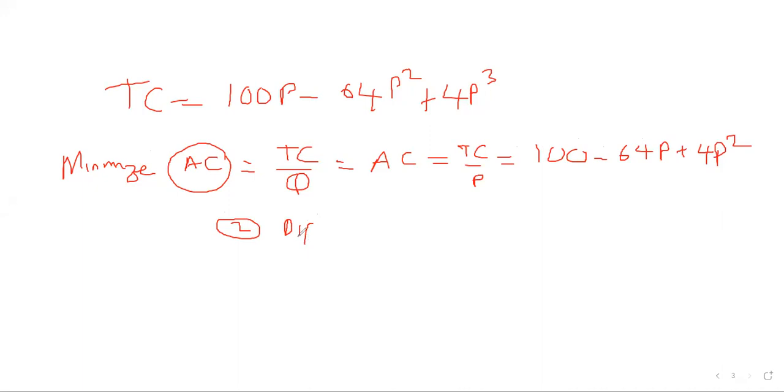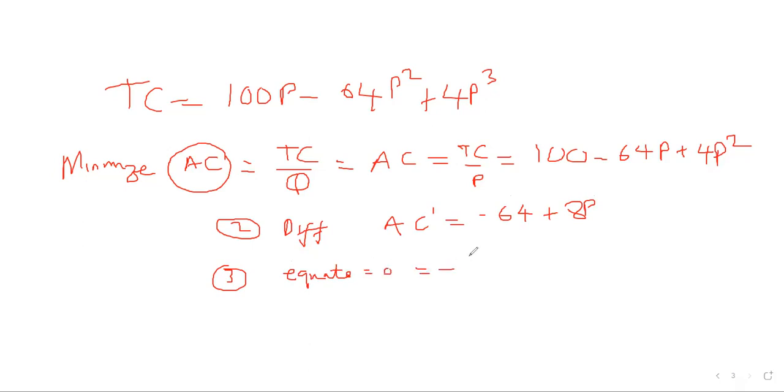Differentiate. So our AC, when you differentiate once, we're going to get negative 64 plus 8P. Step three, equate to 0.